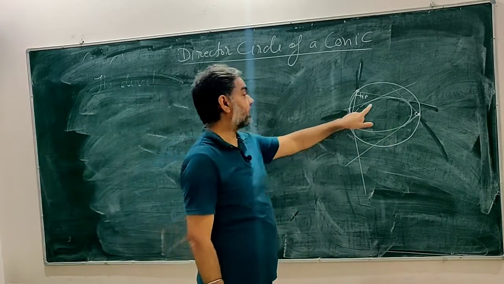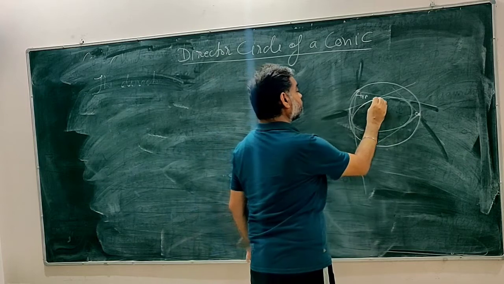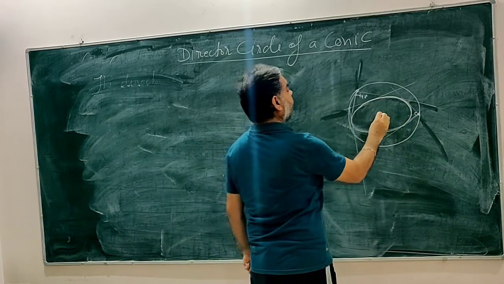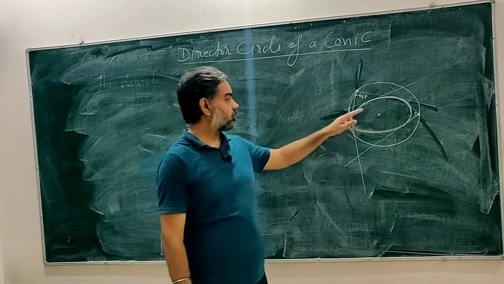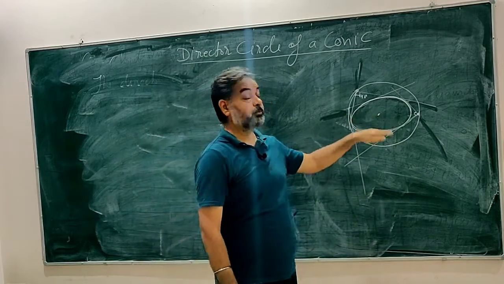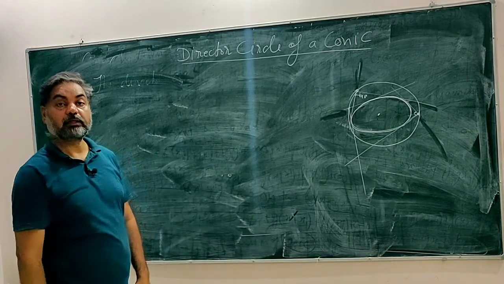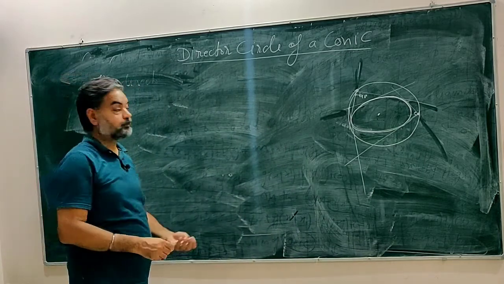That circle is called the director circle of this conic. We will also see that the center of the director circle is the same as the center of the conic.